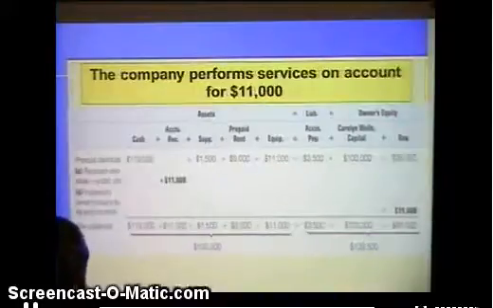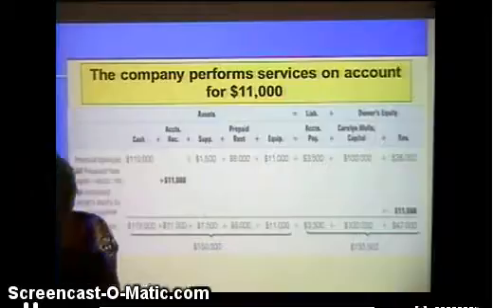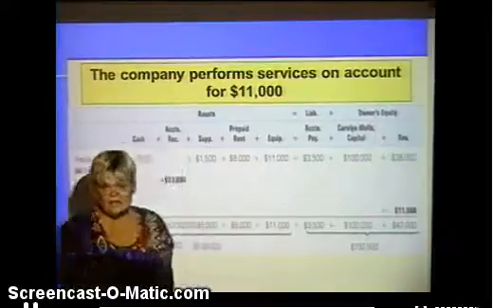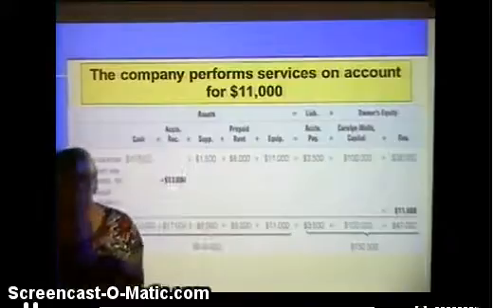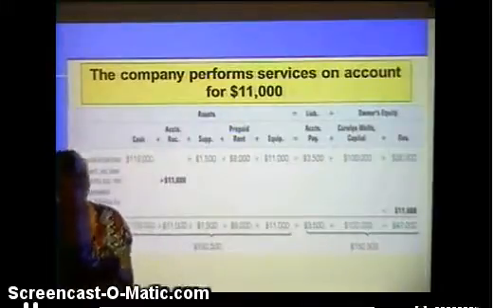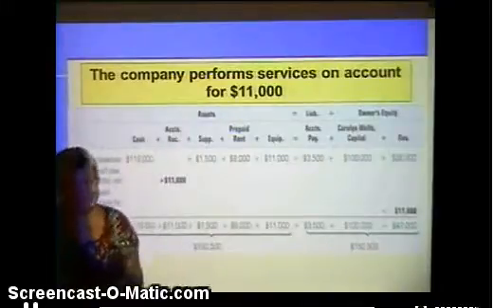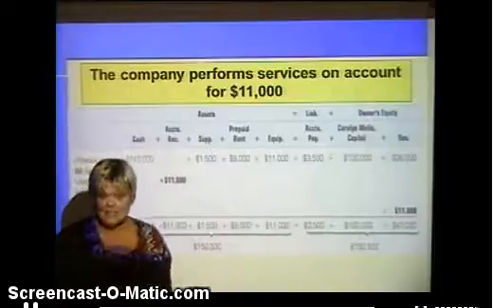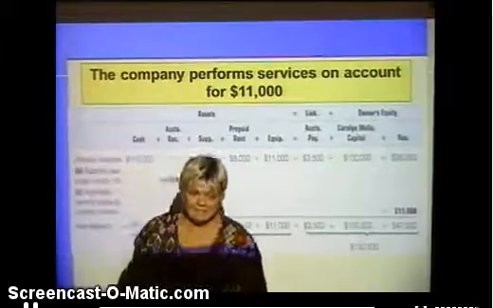Yeah, we are. Now, we performed some more services, and we got $11,000 on account. What does that mean? Sold something on credit. We didn't get the money yet, so what kind of account is it?